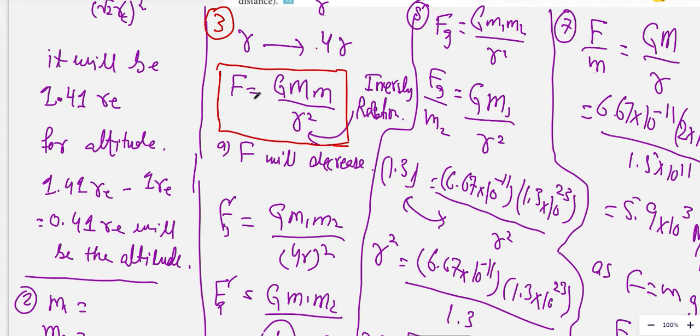So this is the answer for part A, because it is inversely proportional, the force will decrease as a result of increasing r. So you got the first part.